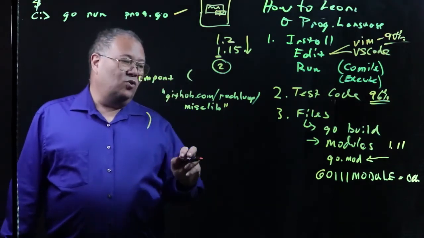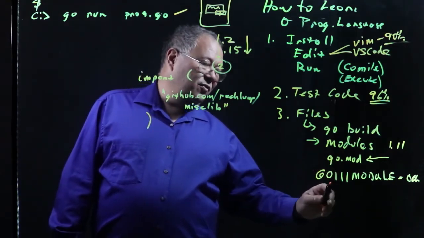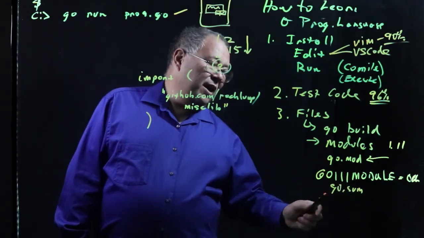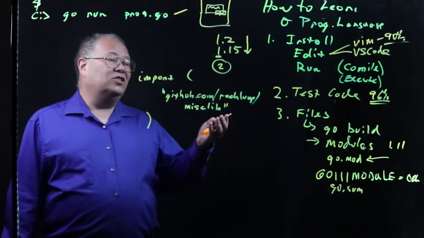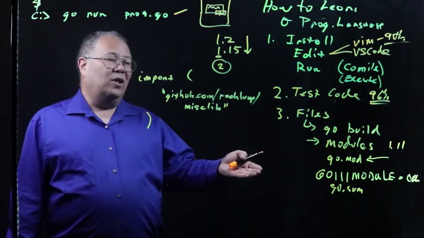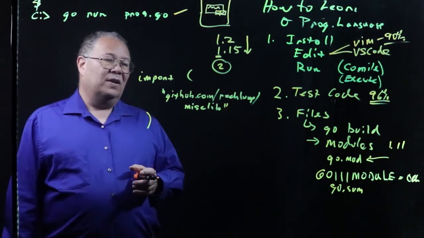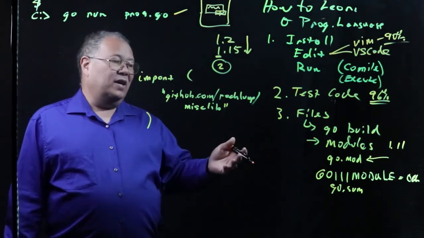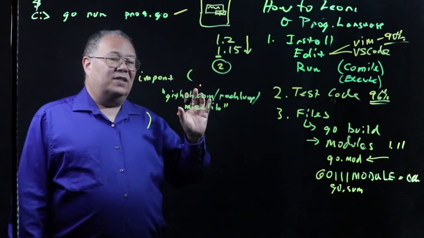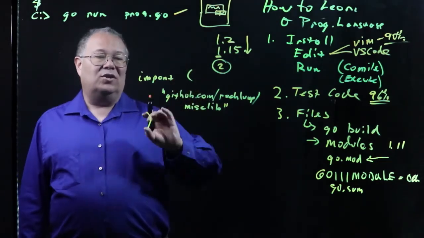But when you have Go modules, it creates another file called go.sum. And go.sum has the exact versions and hashes that you compiled with. When you set up your thing and you did go mod init, it fixed at that point in time the modules that you are using.